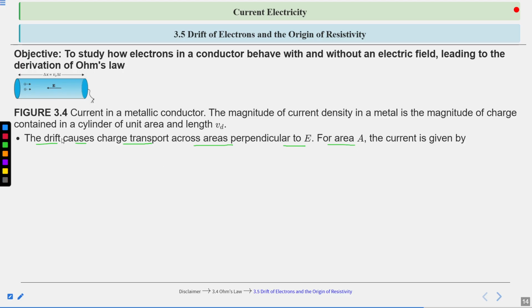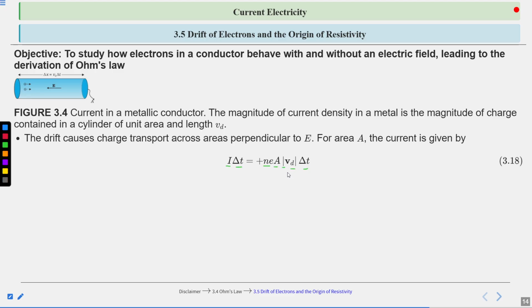Okay, this drift of electrons causes the transport of charges across the area that is perpendicular to E. So this is the area of cross section that is perpendicular to this electric field. So charges will start drifting across this perpendicular area in the direction opposite to the electric field, because they are negatively charged particles, electrons.